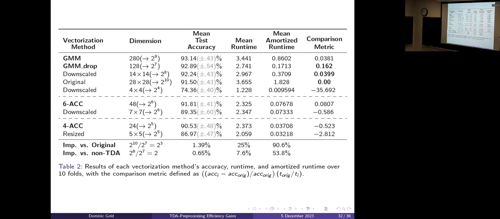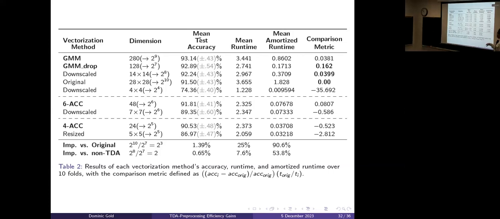What we noticed from this metric, again totally arbitrary, but the point was to get the best of each type of analysis, is that GMM drop was the winner in the TDA space, and downscaled 14 by 14 was the winner in the non-TDA methods.